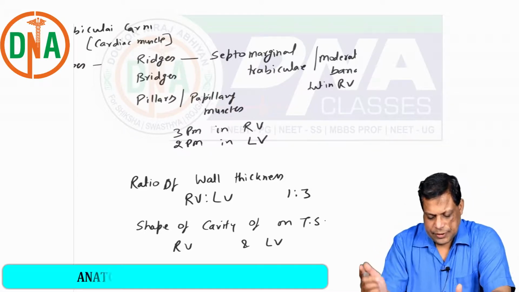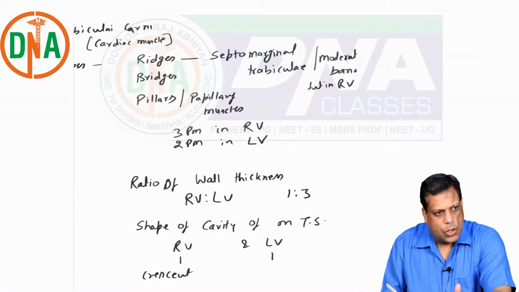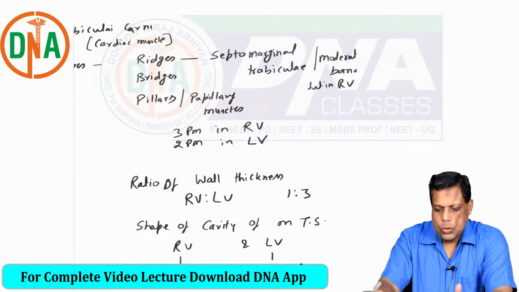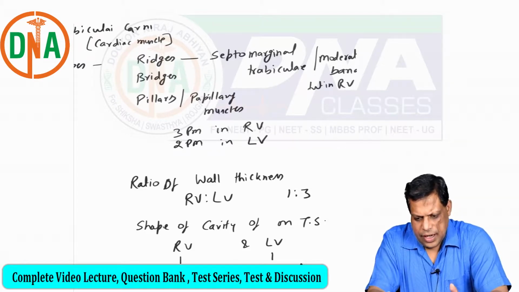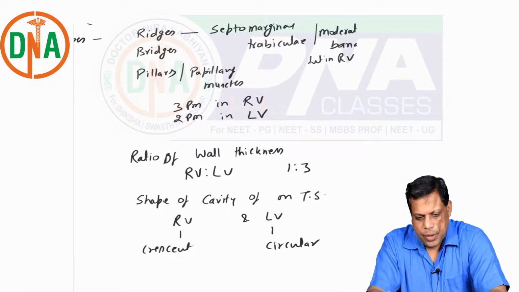When we take the transverse section, the cavity of the right ventricle is crescent shaped, and the cavity of the left ventricle is circular. So these are the important features of the right ventricle as well as the left ventricle.